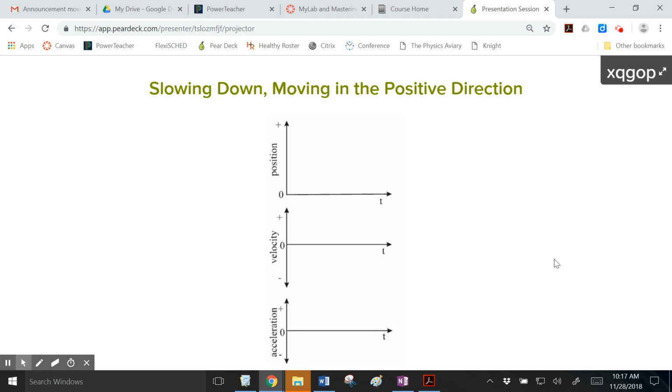Max, let's get your position time graph in. Then you can do whatever you want to do.